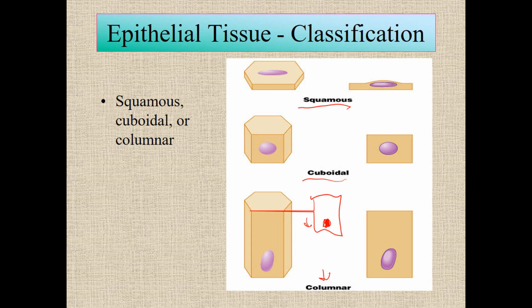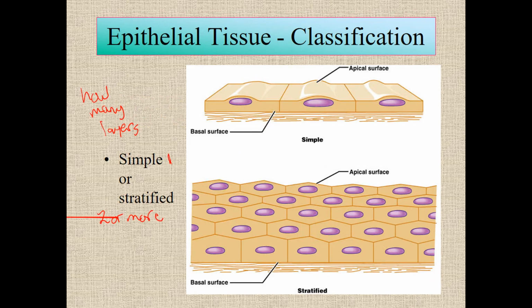Now I just want to go back for a second. If we remember polarity, the cells at the apical surface differ from the cells in the basal surface. So when we're taking a look at a stratified epithelial tissue, down here these almost look cuboidal. Here they look squamous. And so how do we make the determination?